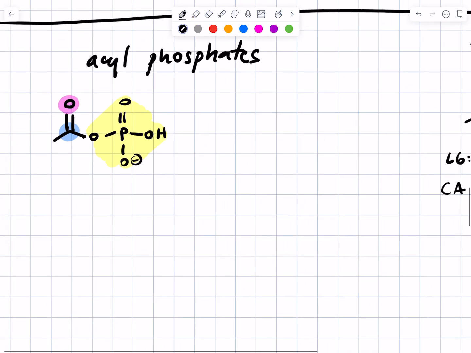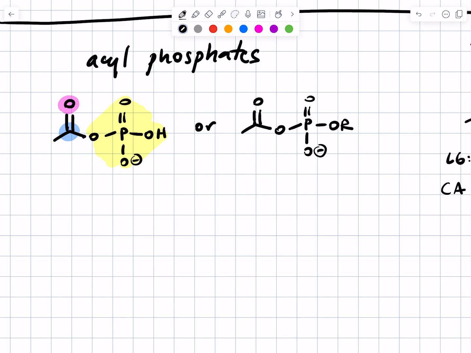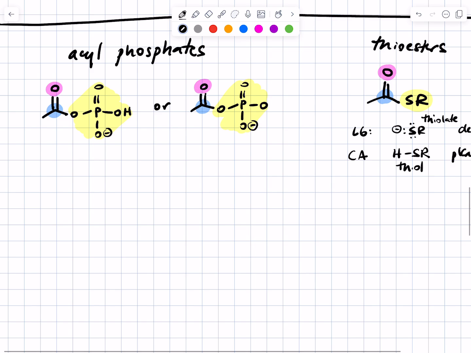There's another class of acyl phosphates in which the OH group over on the right-hand side is bonded to a carbon and some other stuff. We'll just call that OR. But they essentially have the same chemical features. We'll call them acylating agents because they've got something on them, the yellow thing, which is a decent leaving group.